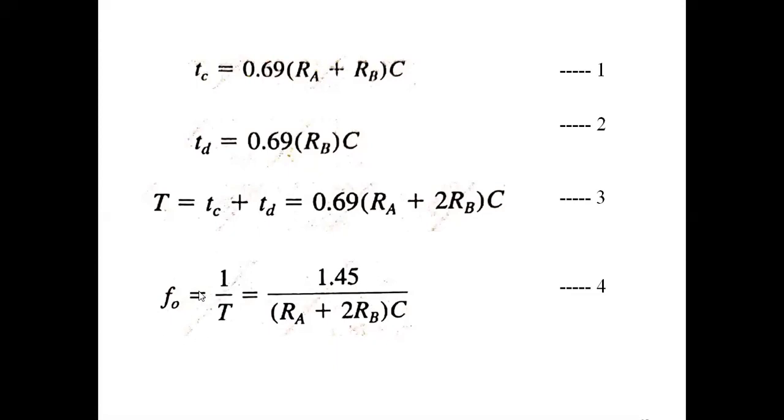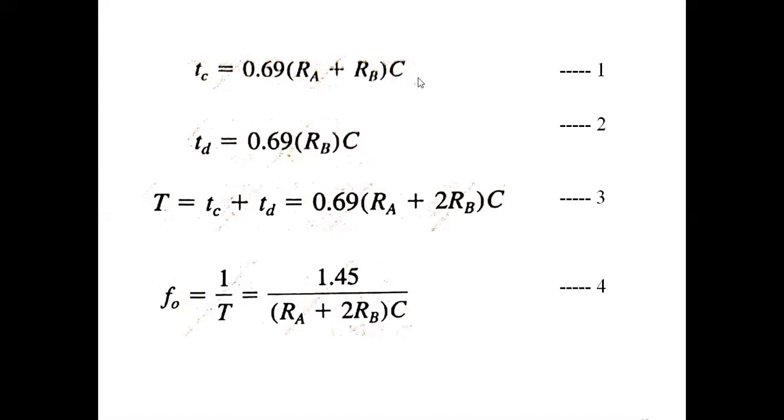As you know, the frequency is equal to 1 over the time period, and hence using equation number 3, it is equal to 1.45 divided by (RA + 2RB) C. This equation number 4 indicates that the frequency F0 is independent of the supply voltage VCC, and the frequency of oscillation F0 can also be found by using the equations.